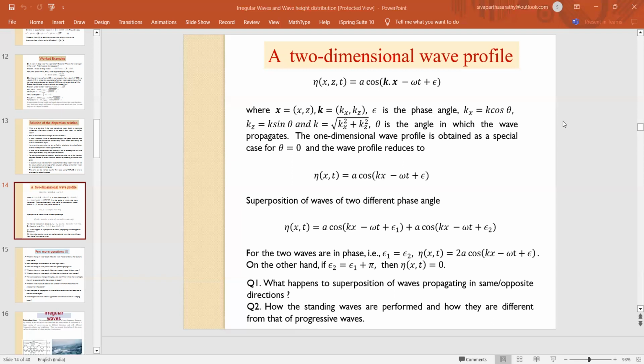That's why I said this is a two-dimensional wave, whereas below that you see the one-dimensional wave. My K is the square root of Kx square plus Kz square, that is the wave number.